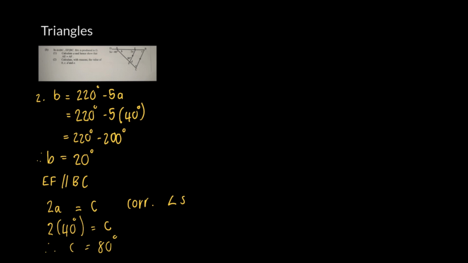Now, to solve for D, you'll see that at F there is a straight line. So in order to solve for D, we're going to say that D is equal to 180 degrees minus 80 degrees, because we've got two angles on a straight line. STR stands for straight line. And therefore, D will then be equal to 100 degrees.